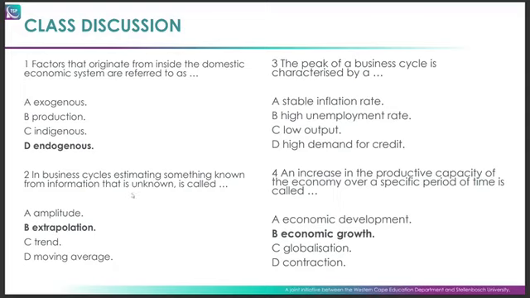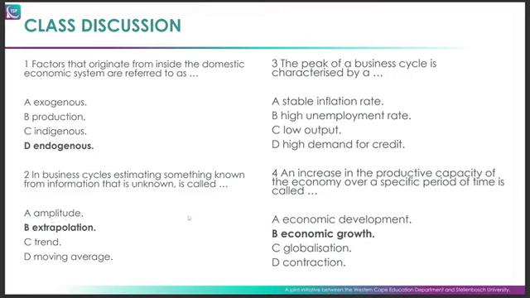Right, number 2. In business cycles, estimating something known from information that is unknown is called amplitude. Okay, here the answer is extrapolation. Why can the answer not be amplitude? This is one of the concepts that you need to know. So what does amplitude consist of?